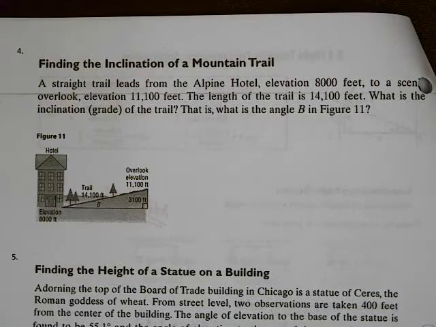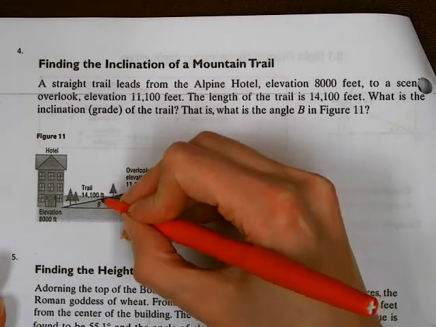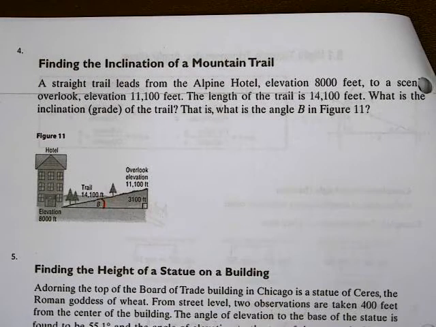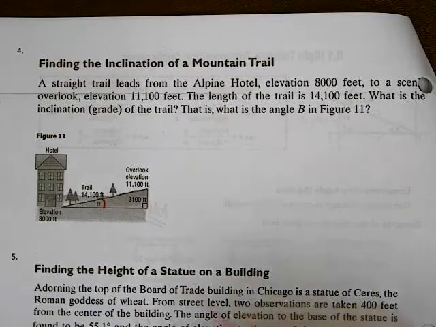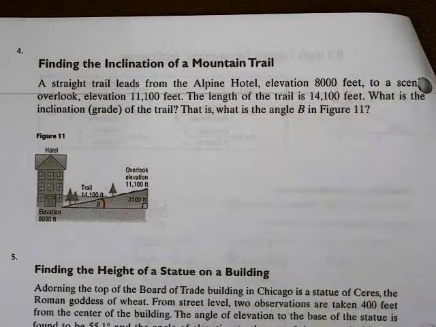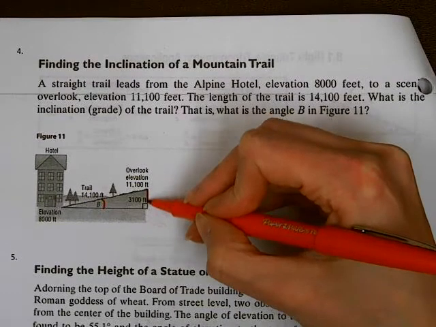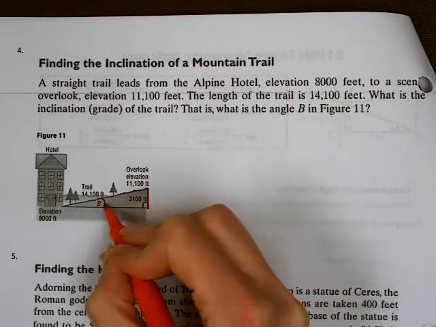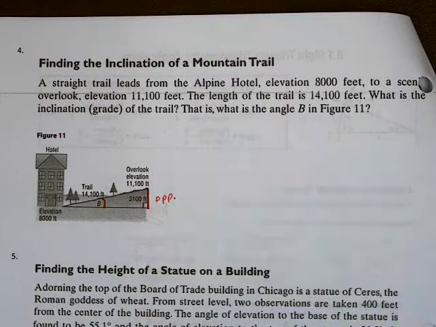Okay, so what's happening here? Go ahead and read the story. Let's use trig to solve for angle B. This time we're trying to find an angle. It looks like the height here is 3,100, so that's the opposite side length.